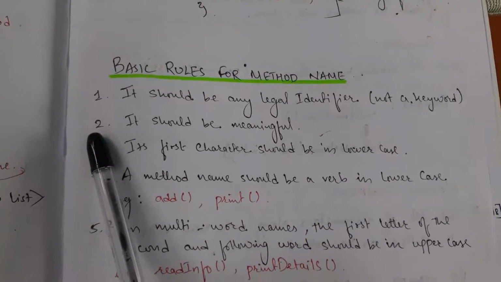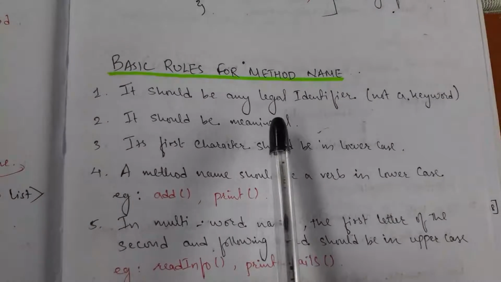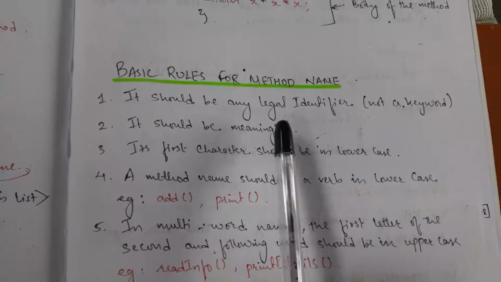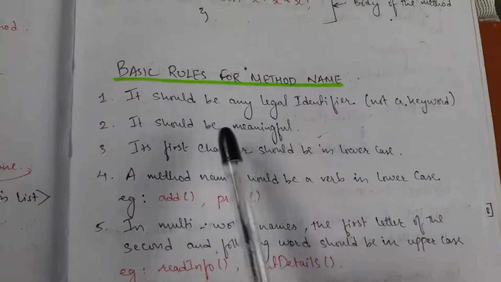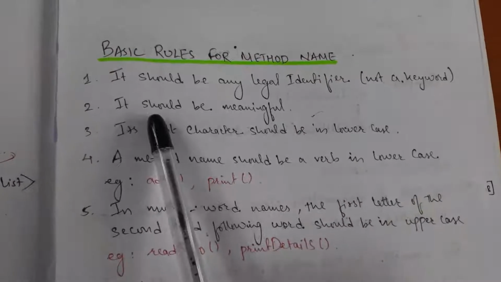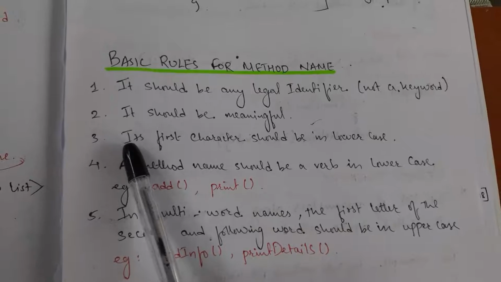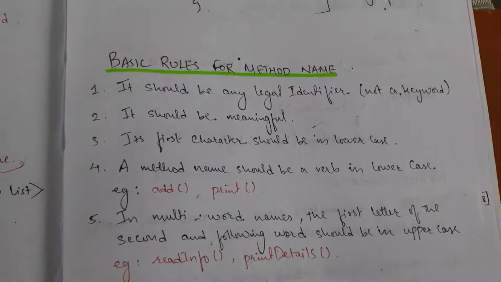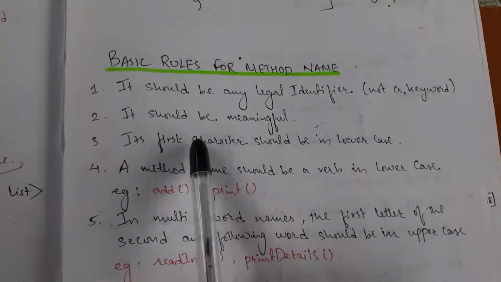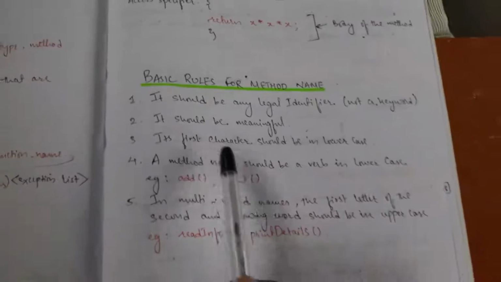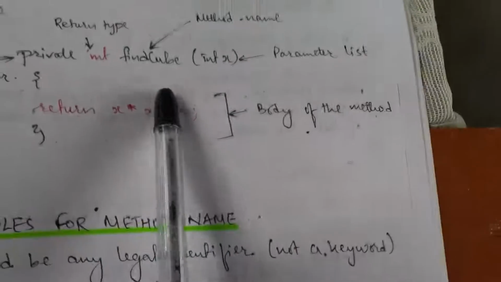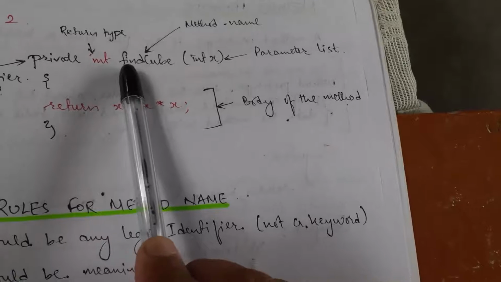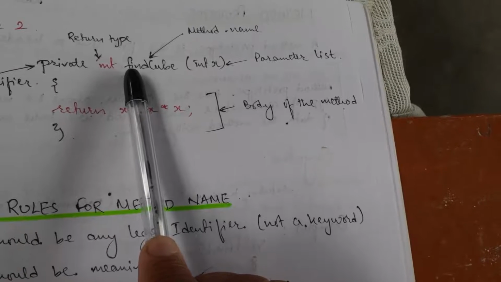The second thing that you have to remember is it should be meaningful. The method name that you define in the programming has to be meaningful. The next rule is its first character should be in lowercase. Whenever you are writing the method name, as I have mentioned in this particular example, the method name starts with a small letter or lowercase.